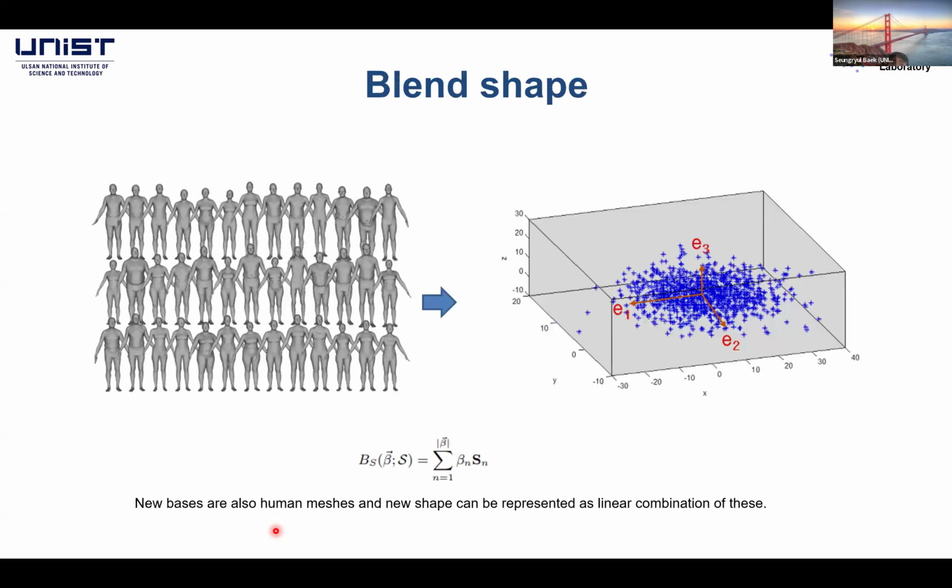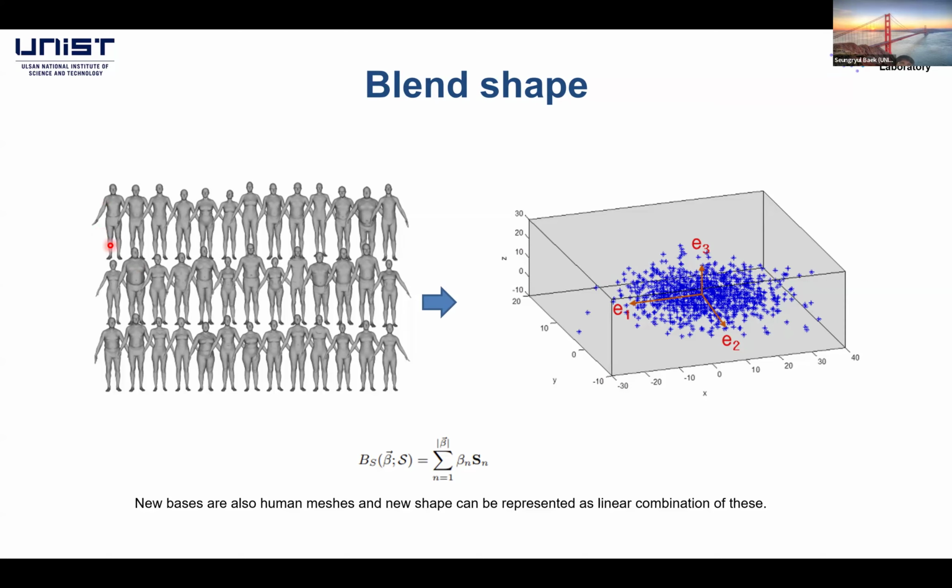And what they did for the shape space was, given this type of same-pose multi-human data, they represent it in an n-dimensional space. For example, this is the SMPL mesh. They pre-process those meshes to have the same number of vertices.